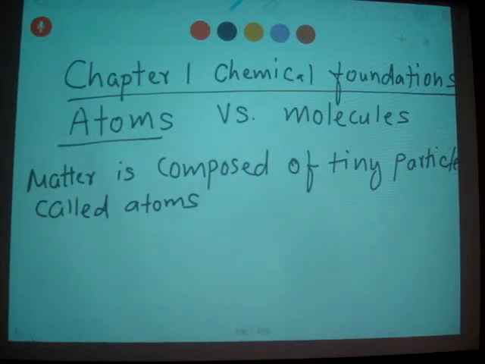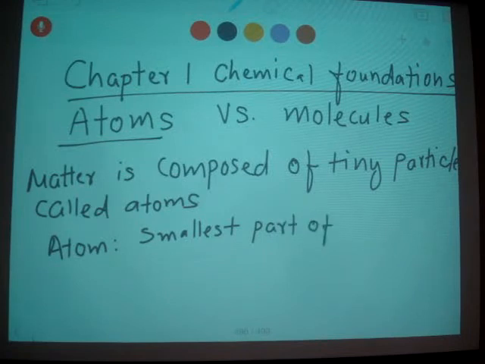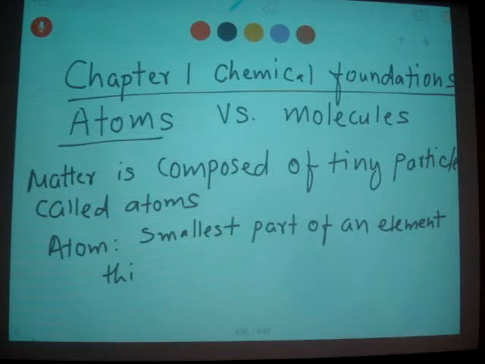Atoms, right? So what is an atom? So I'm going to define atom. The smallest part of an element is an atom, and that is still that element.